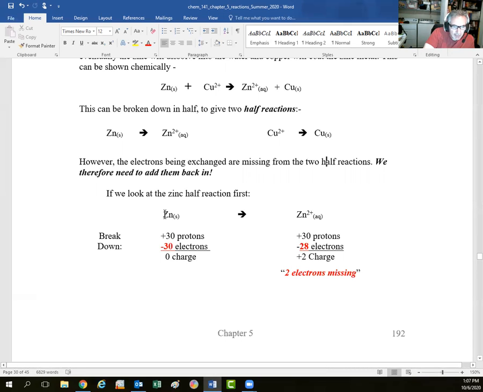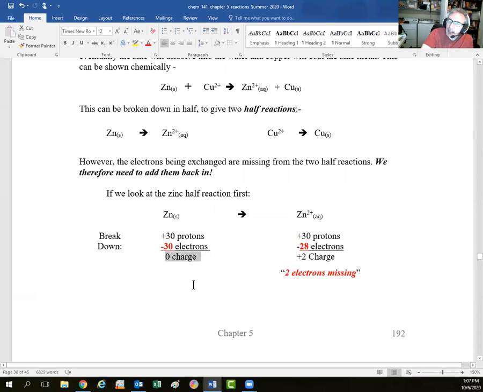So for the zinc, of course, it's just a subatomic particle check, as we had said in chapter 3. Zinc is element number 30, atomic number 30, it has 30 protons. And because there's no sign of an electrical charge here, it must have 30 negatively charged electrons.